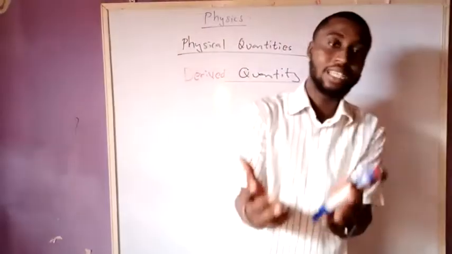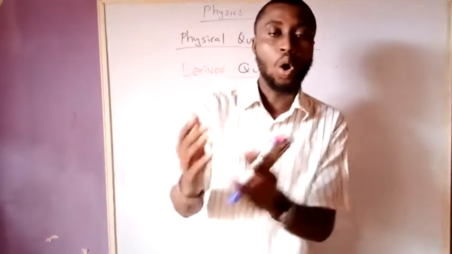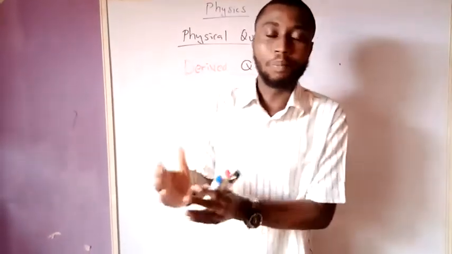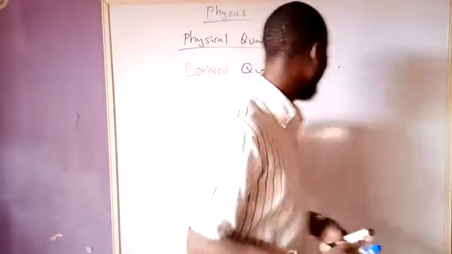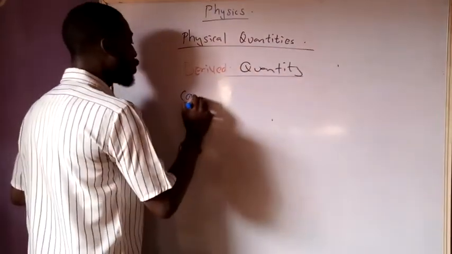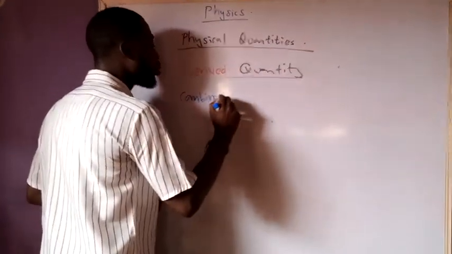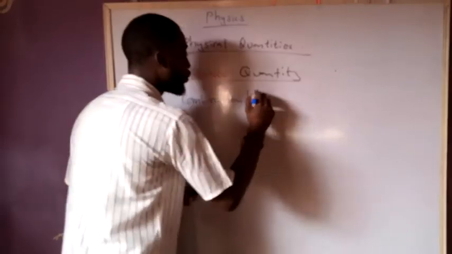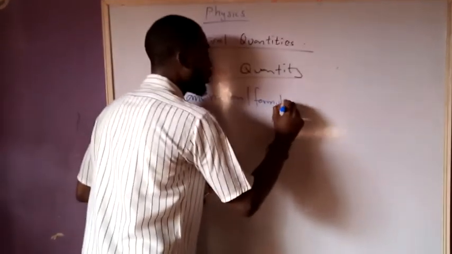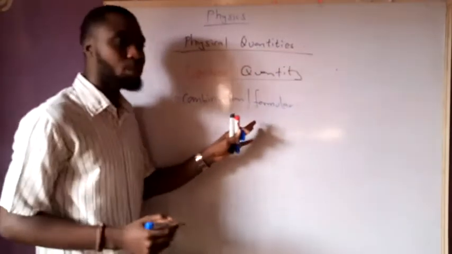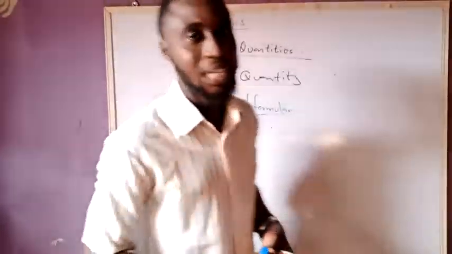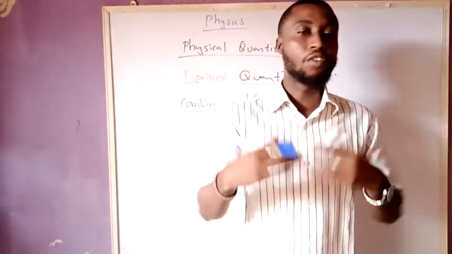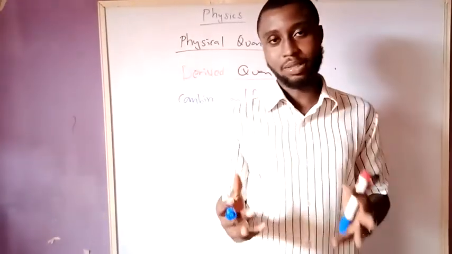The process of combining them is what led us to formula. The way of expressing the relationship between quantities is what we refer to as formula. That's why we have so many formulas in physics.